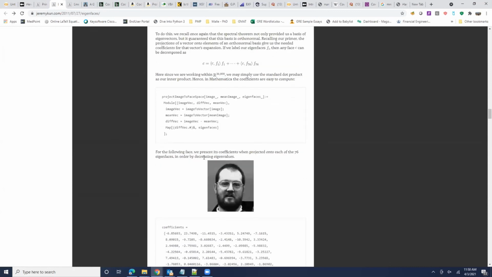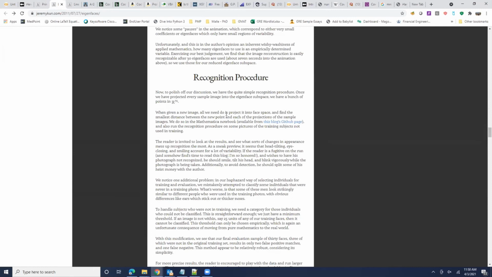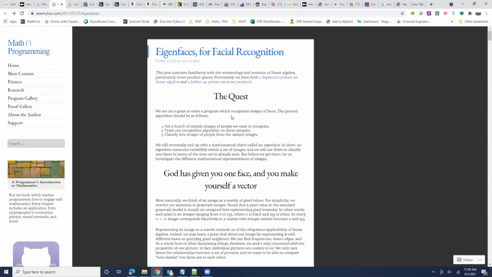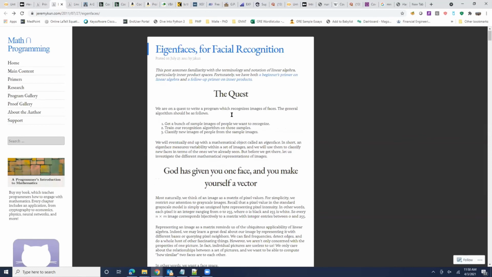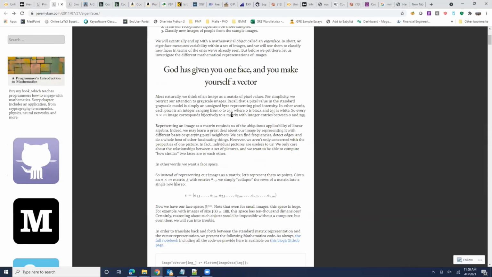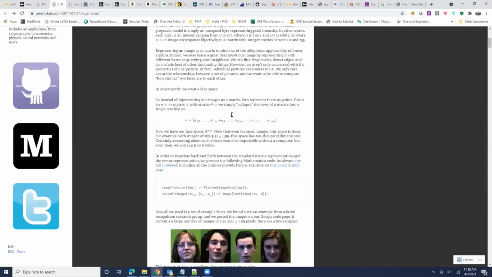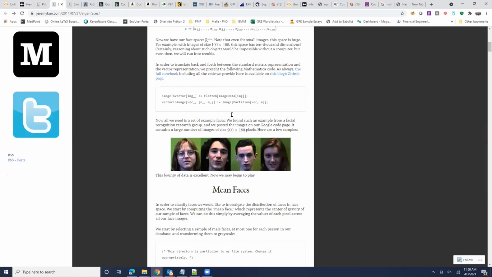So this method is called Eigenfaces. This is about a 30-year-old method right now, but this is one very interesting application of eigenvectors. So instead of trying to recognize someone's face as a whole face, they are trying to find the eigenvectors of the face.